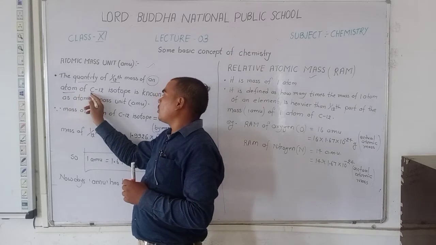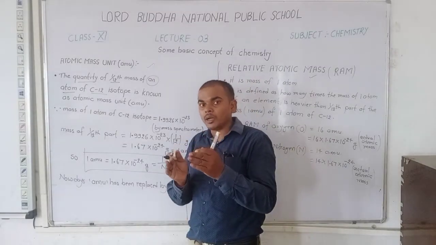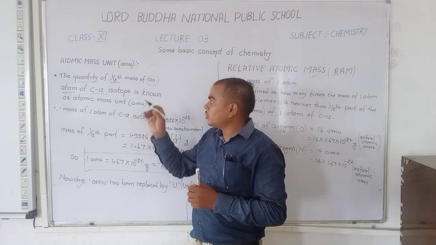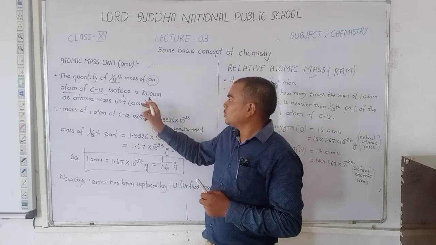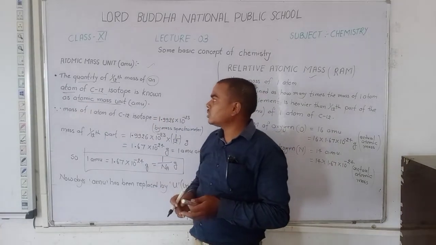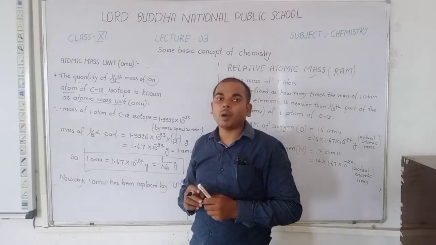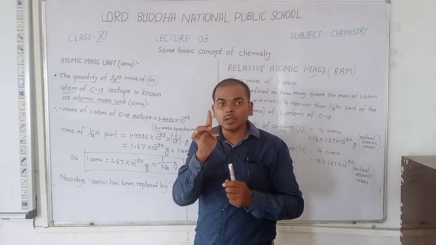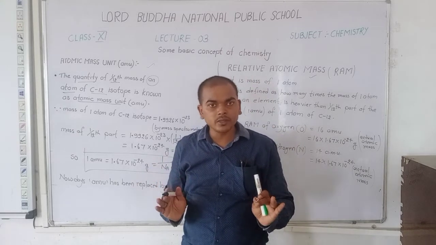One carbon atom, the 12th part of one carbon atom, is known as atomic mass unit. That means 1 by 12th part of one carbon atom is known as atomic mass unit. You clear that?